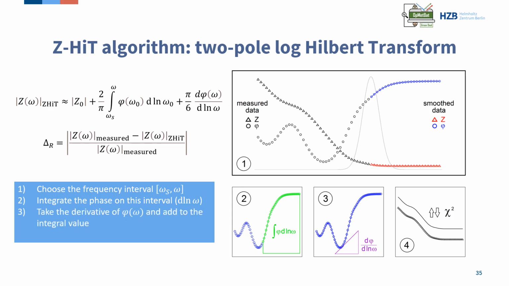The third step is to take the derivative of the phase angle with respect to the natural logarithm of the frequency and add it to the integral value. The last step is to fit the combined expression to the initial impedance modulus and shift it to linear. Ultimately, the calculated impedance moduli can be compared with experimental values by the relative residuals.